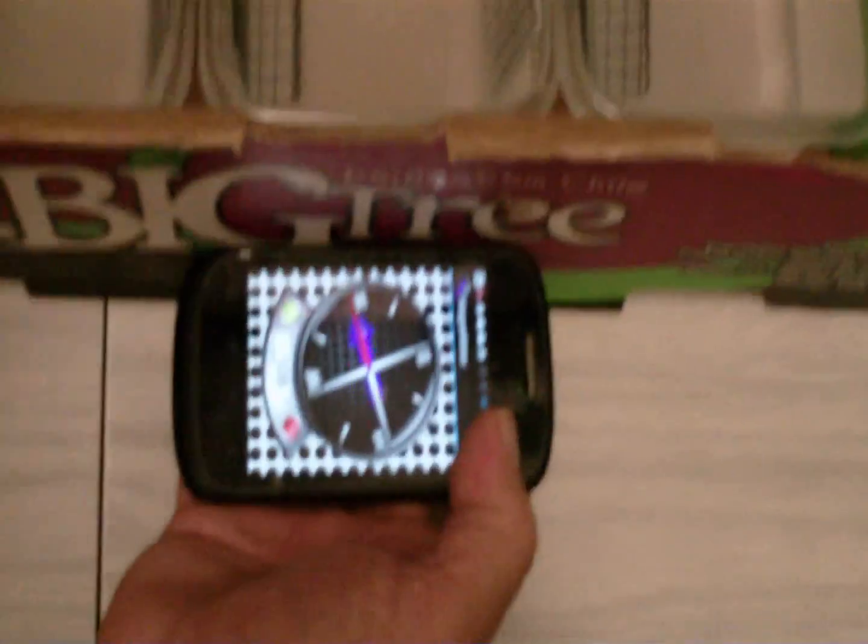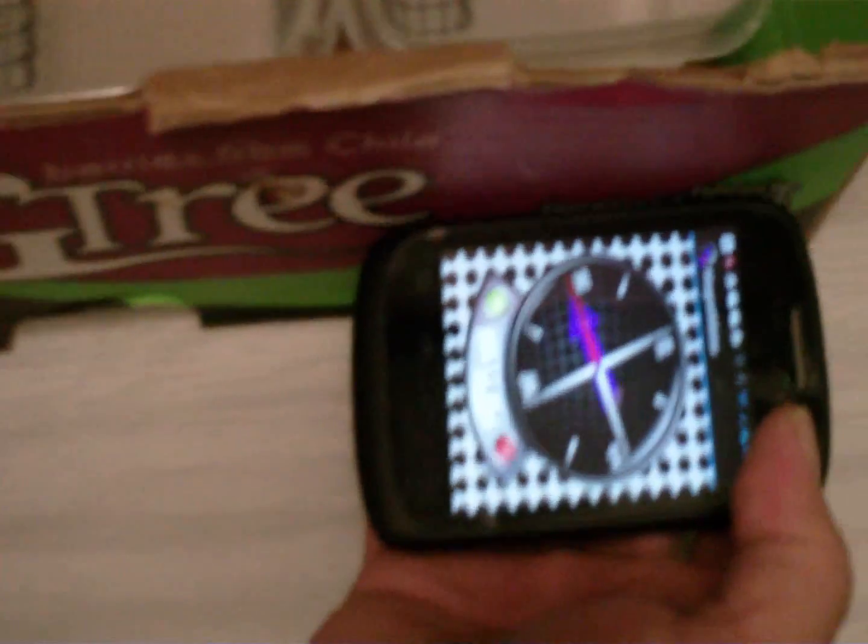Here is the second cell, which changes from cell to cell in a different direction.